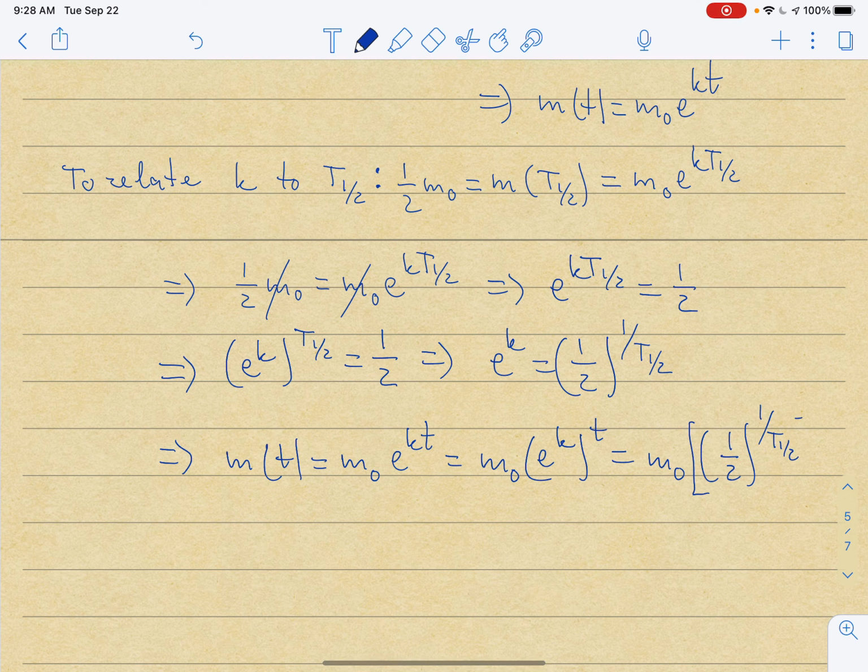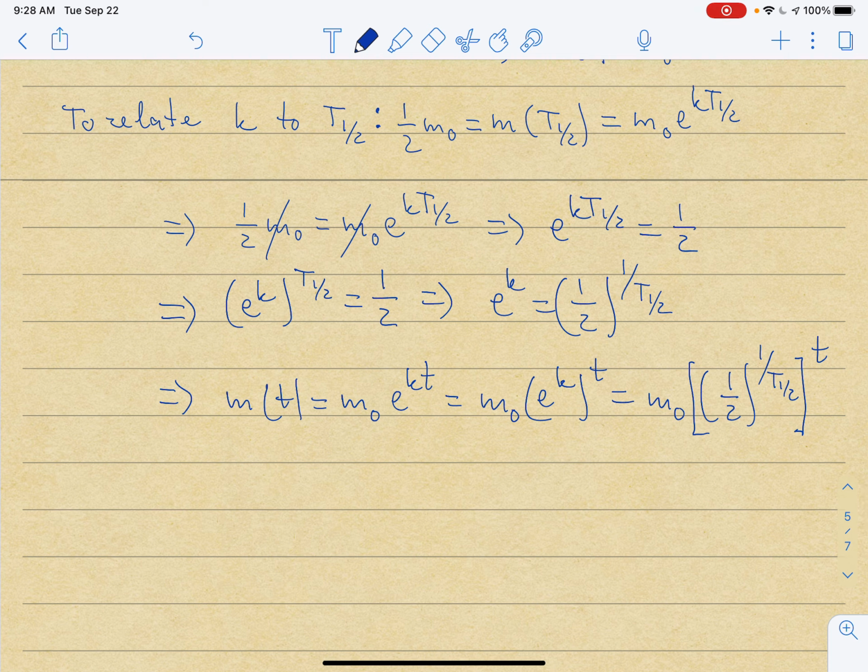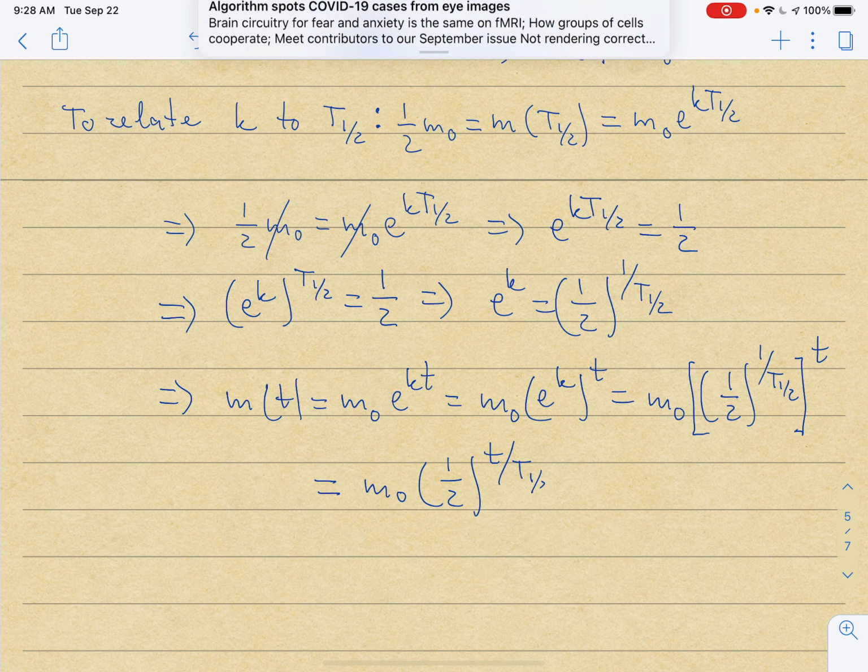That's my e to the k, and that has to be raised to the power t. And then combination of powers, power to the power, that's a product of powers, so this is m naught, and then 1/2 to t over t 1/2.